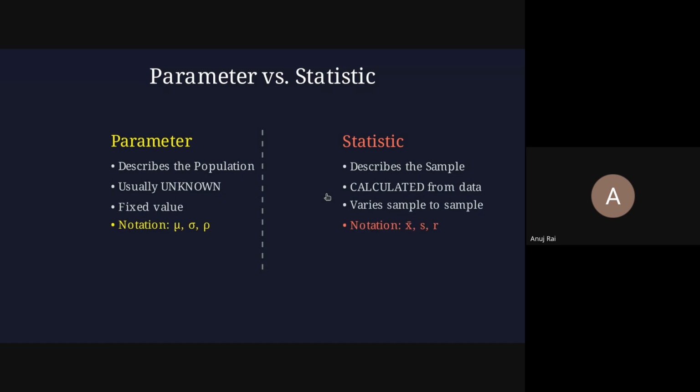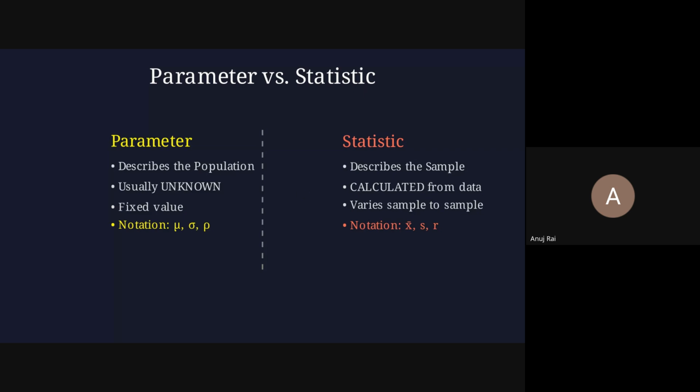So, parameter versus statistic. A parameter describes the population and is usually unknown, because we have already discussed that collecting all the data points for a population is next to impossible.